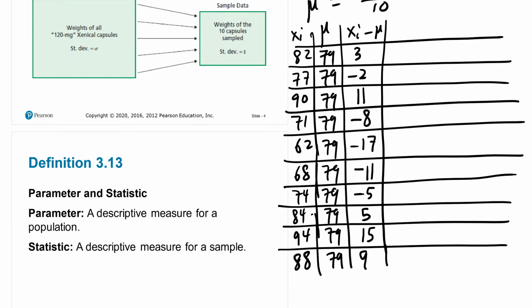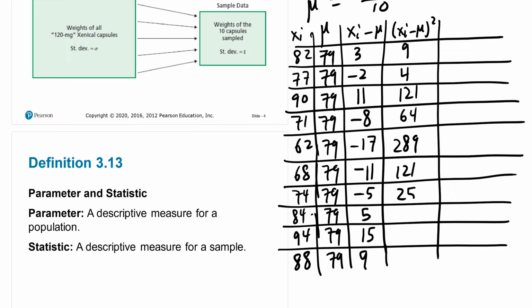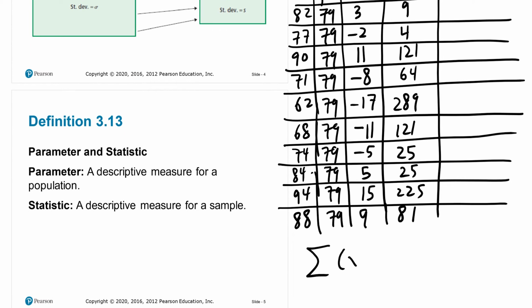Then I'm going to square each one of them. Squaring 3 gives 9, then 4, 121, 64, 289, 121, 25, 25, 225, and 81. Then I add them up. The sigma means add all the numbers in this last column, and that gives me 964.